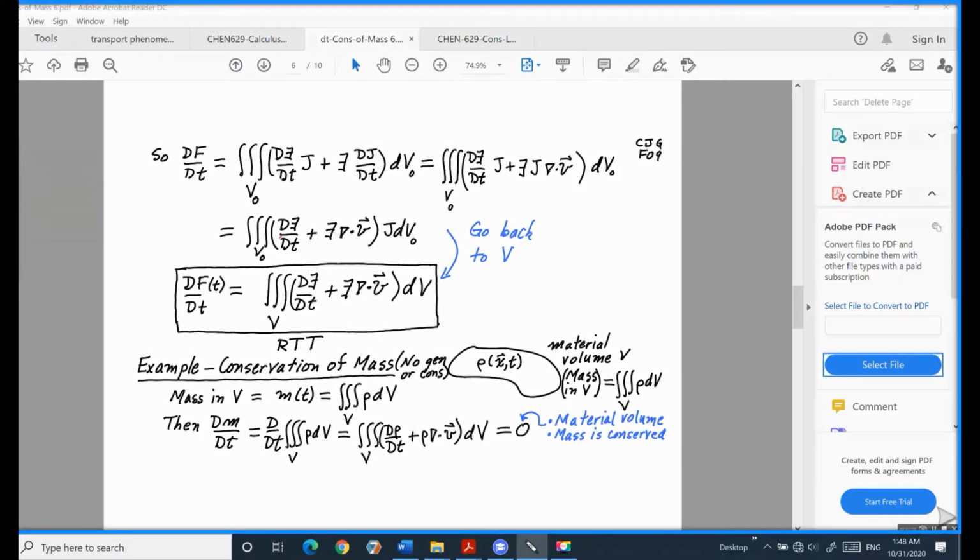In here, this f is any function inside of your control system. This function can be an extensive property of your system, like mass. It depends on your system size. And this is continuous because the derivative of this function is available at each point and there is no discontinuity.